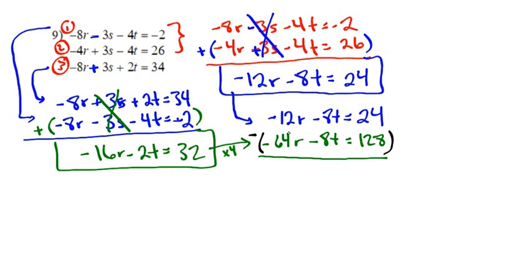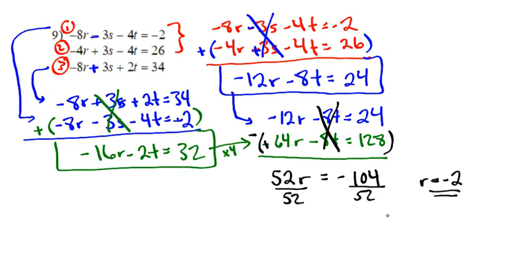When you subtract, those are eliminated, but negative 12r minus negative 64r is negative 12r plus 64r, which is 52r. And 24 minus 128 is negative 104, divided by 52. So r is negative 2.